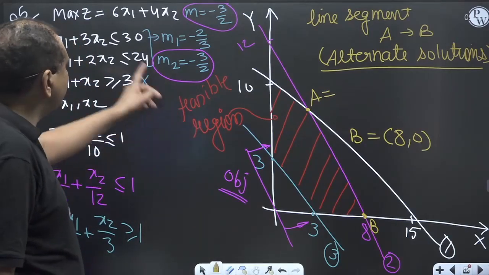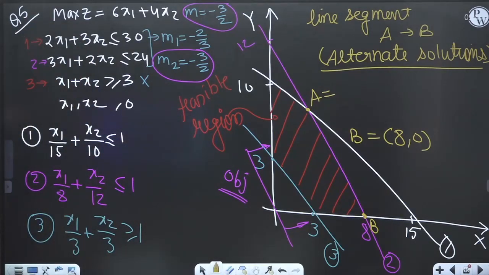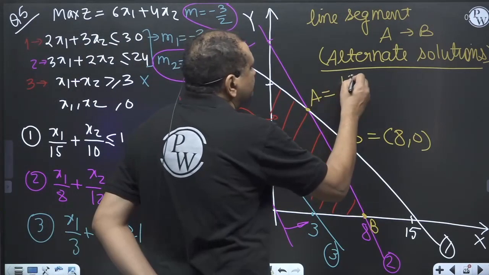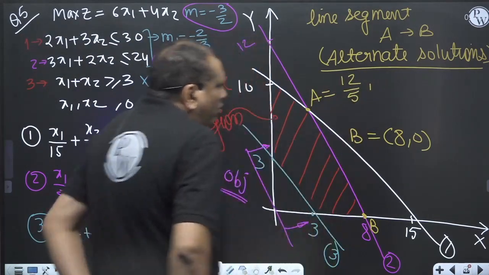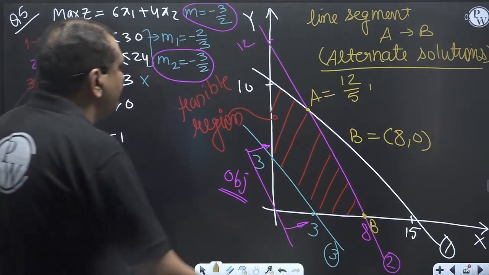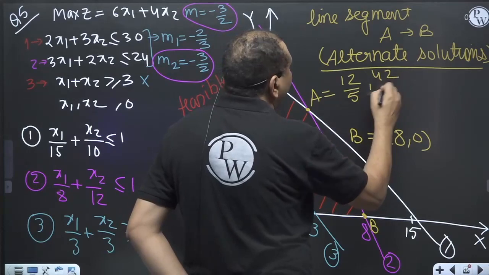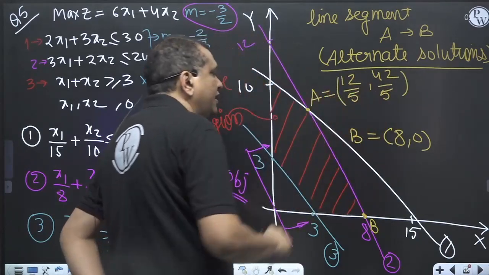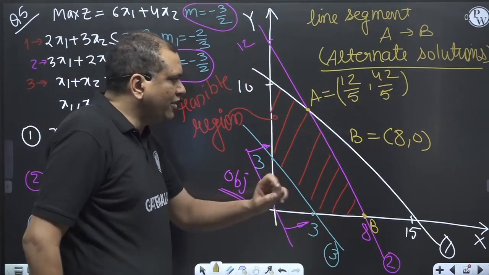Point A is the intersection of the first and the second constraints: 12 by 5 and 42 by 5. That is point A, and point B is 8, 0.